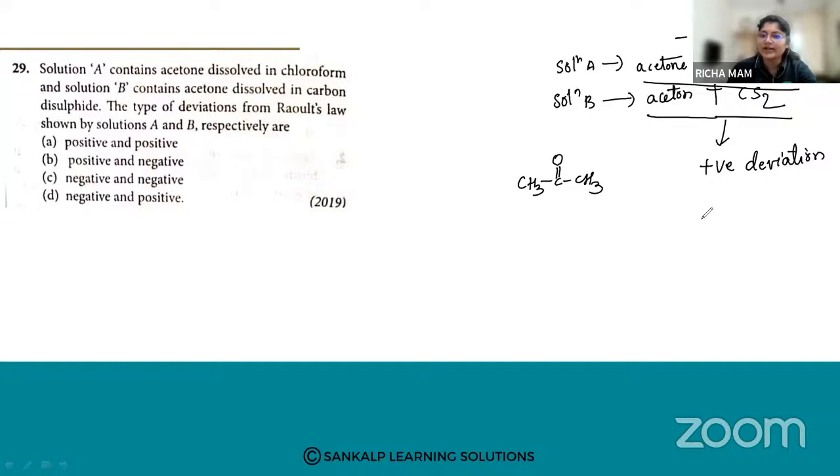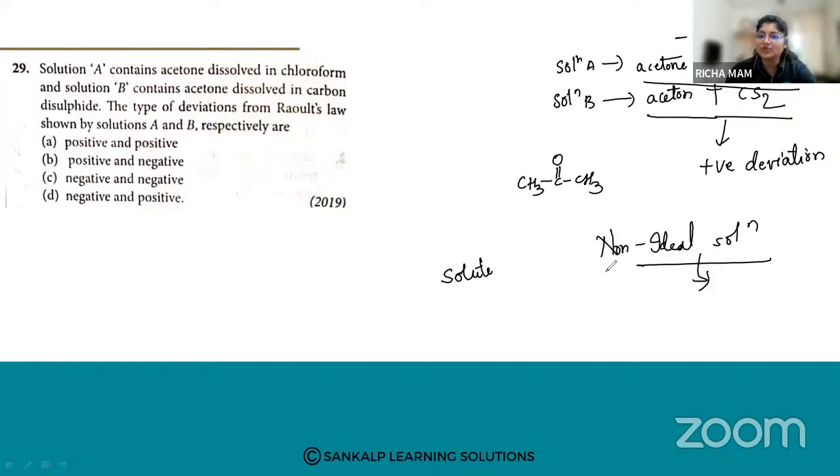Yes, Janvi Kamath has also answered it as D. So non-ideal solutions show positive deviation. When they show positive deviation, the intermolecular forces of attraction between solute and solvent molecules are weaker than the solute-solute or solvent-solvent interactions.